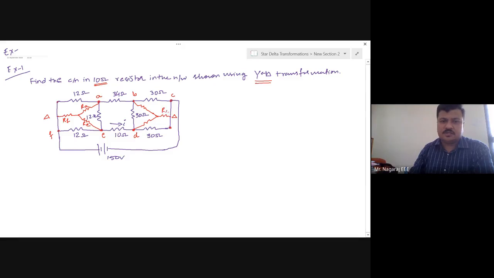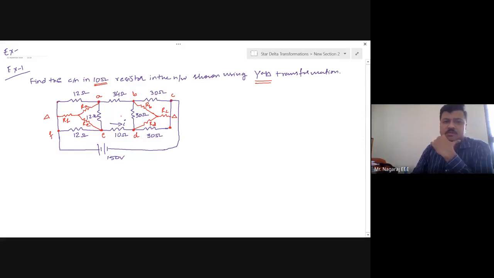Let this be RC, this be RD, and this be RB. Now you can observe from this red and blue combination, RA and 34 will come in series with RB. RE, 10 ohm and RD will come in series. So eventually the circuit complexity will reduce.